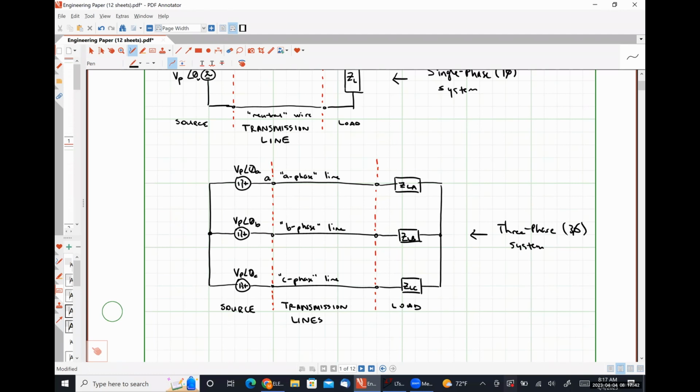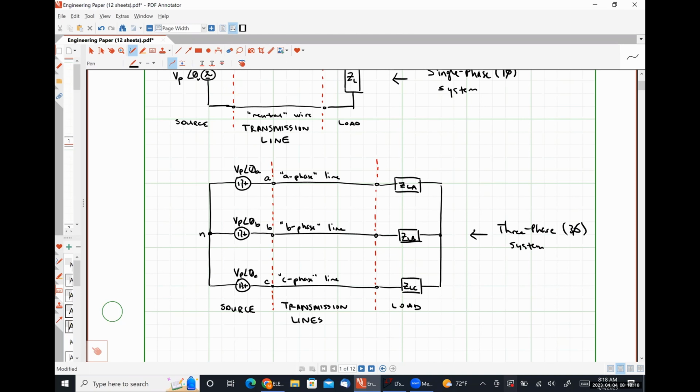The terminal of my three-phase voltage source for the A phase is going to receive a lowercase a. The terminal for the B phase is going to have a lowercase b, and the terminal for my C phase is going to have a lowercase c. This particular source is commonly called a Y-connected source, and we'll talk about that more in a little bit. This common point of interconnection is where our neutral wire would be connected, so I'm going to designate that terminal with a lowercase n.